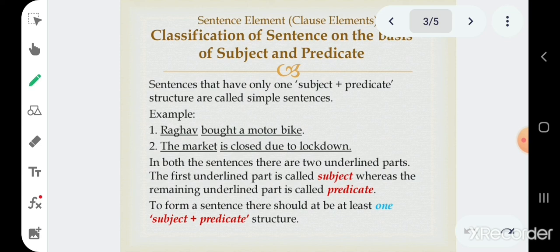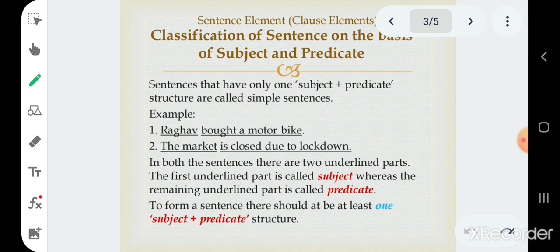Now in the second sentence, what is the second sentence? You read it. The market is closed due to lockdown. While considering predicate, we are not counting verb or any other thing. We are just counting two things, subject and predicate.